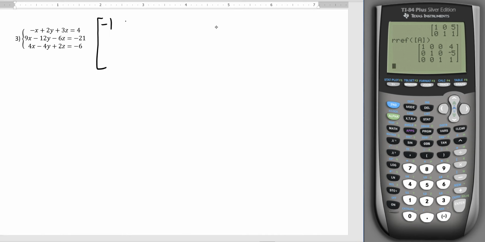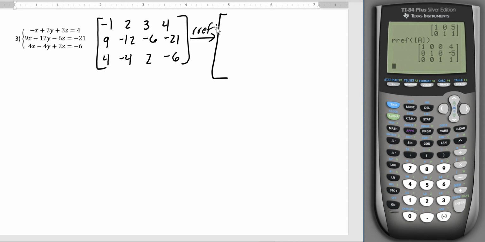So we have negative 1, 2, 3, 4. 9, negative 12, negative 6, negative 21, 4, negative 4, 2, and negative 6. Alright, and RREF. Let's put this one into the calculator. So second matrix, got to go over to edit.